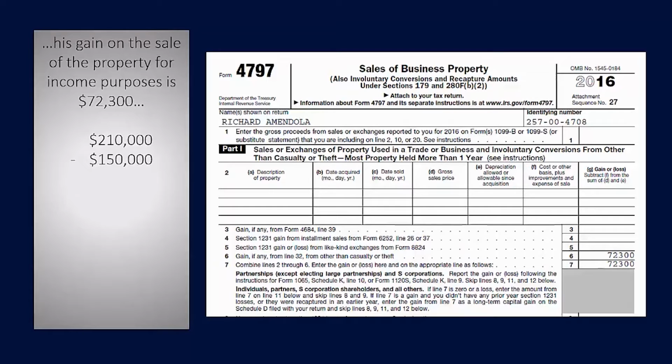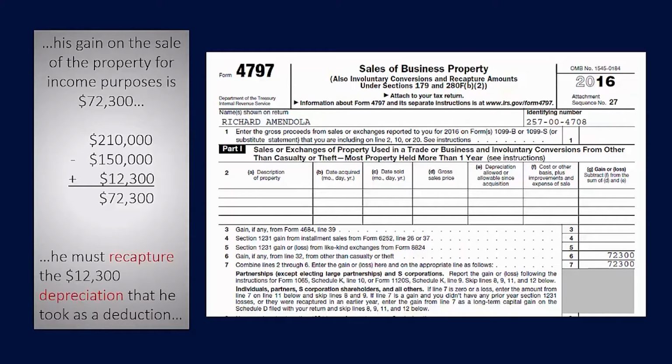The $210,000 was what he sold it for, plus he has to recapture that $12,300 worth of depreciation that he took over the years, making his gain on the sale of the property for income purposes $72,300. That's where we get that figure.